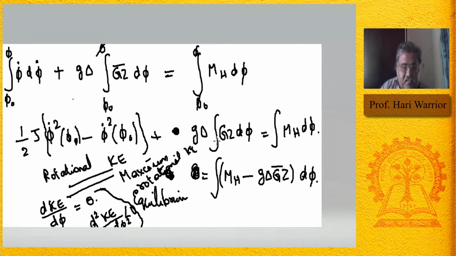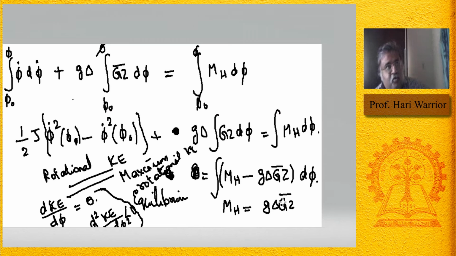Basically, the rotational kinetic energy is equal to this. So let's take this. This says that dKE by d phi should be 0. So d by d phi of this should be 0. That means the integral goes, you should get MH equals G delta GZ. So what does this say?